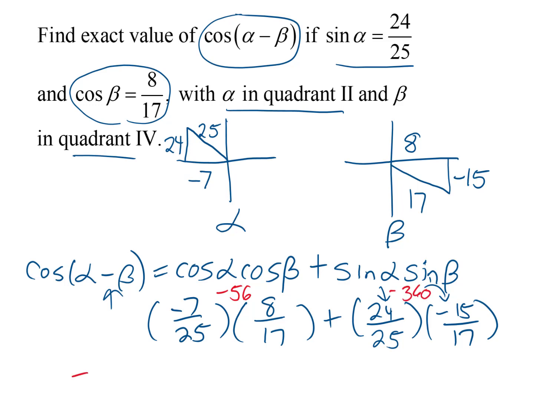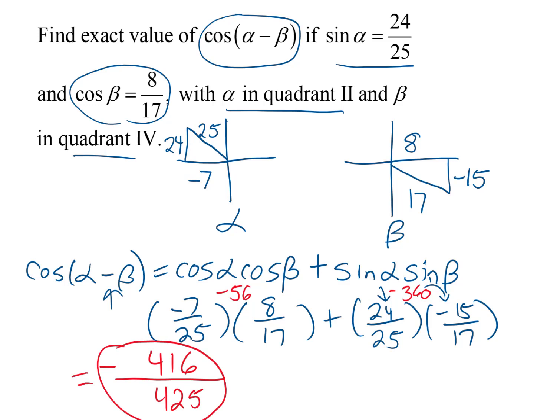So when I'm combining those, the numerator is going to be -360 minus 56. Looks like negative, so I'll just put the negative out in front of the fraction, 416. And then the denominator is 17 times 25, and that is 425.